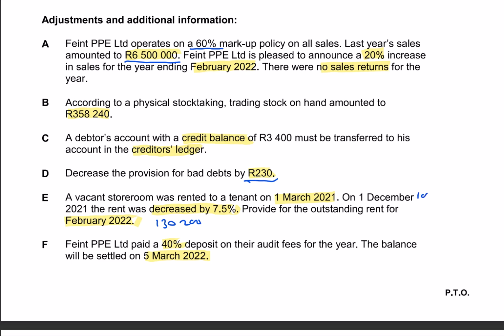So that would be 100 multiplied by how many months? That's March, April, May, June, July, August, September, October, November. That's times 9 months, which gives you 900%.